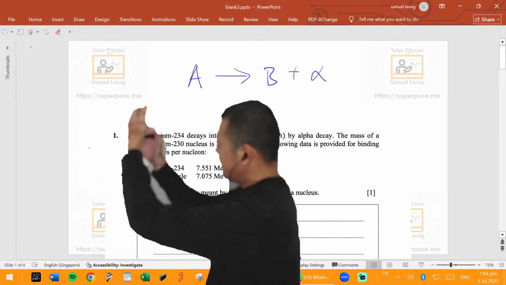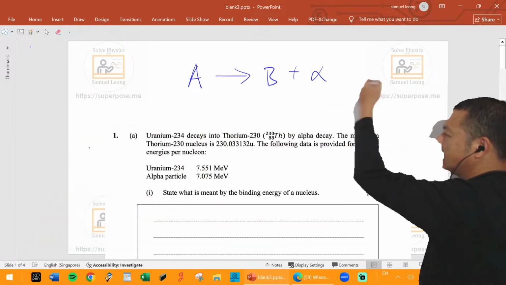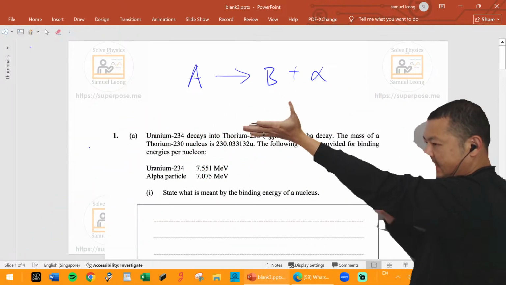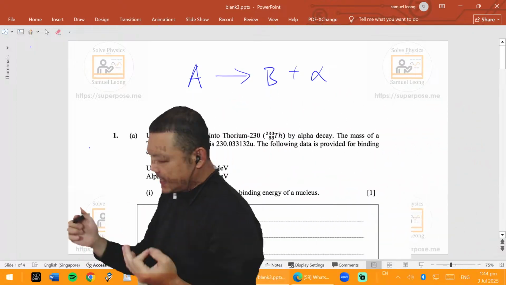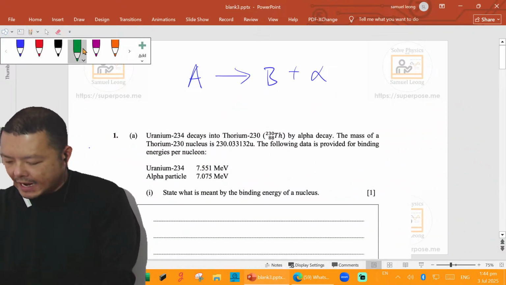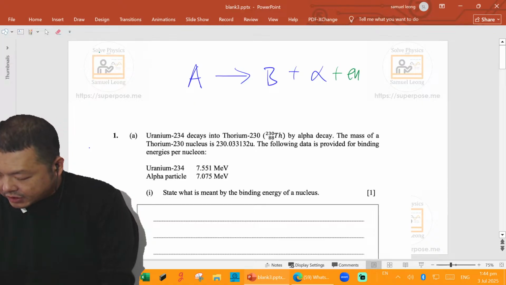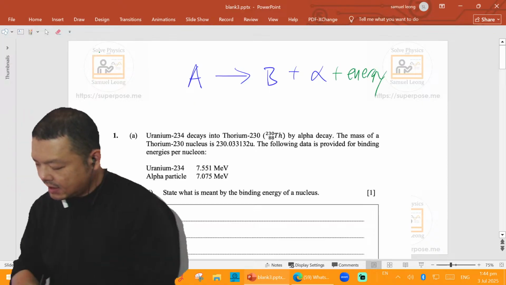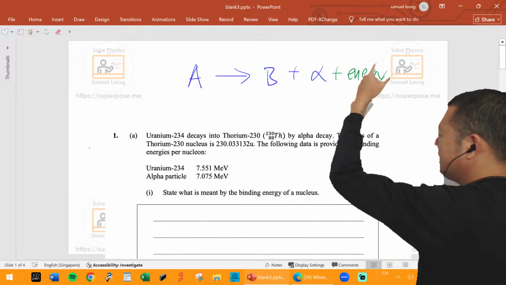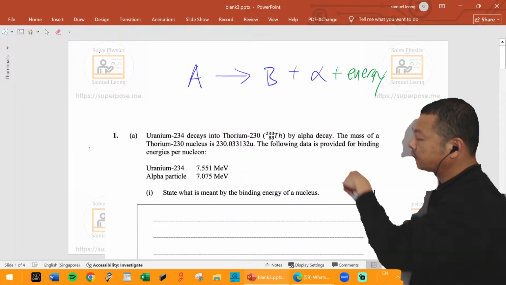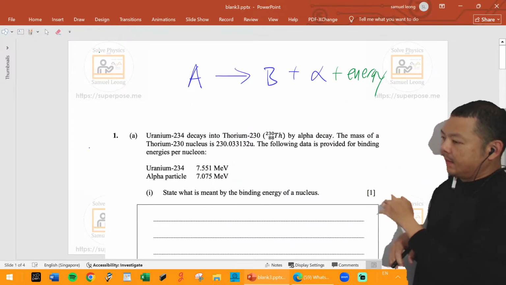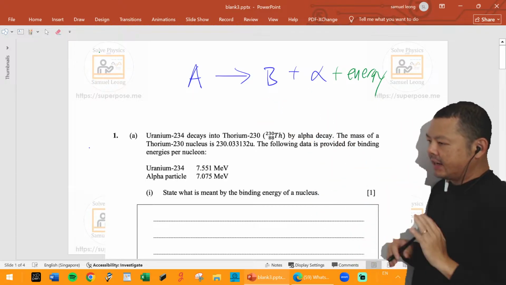Uranium-234 decays into thorium by alpha decay. So basically this is what you see. And because it's a decay, you know that energy is released, because by default all decays have energy release.